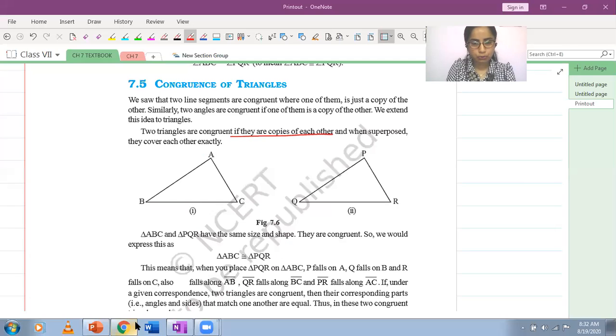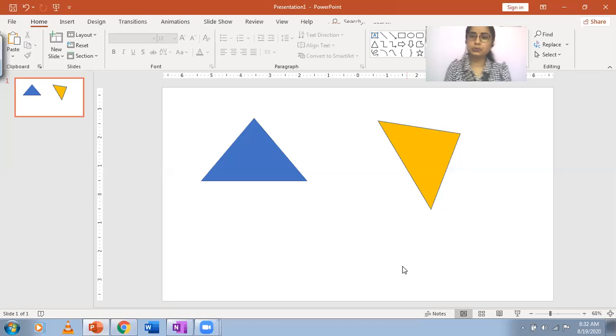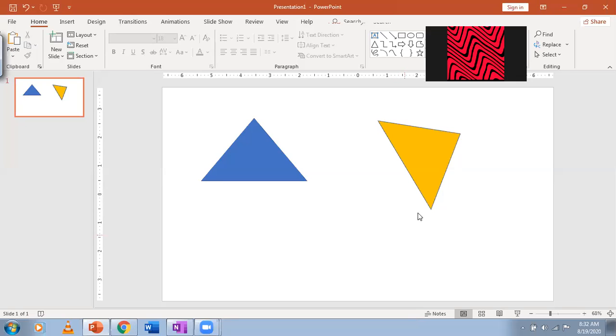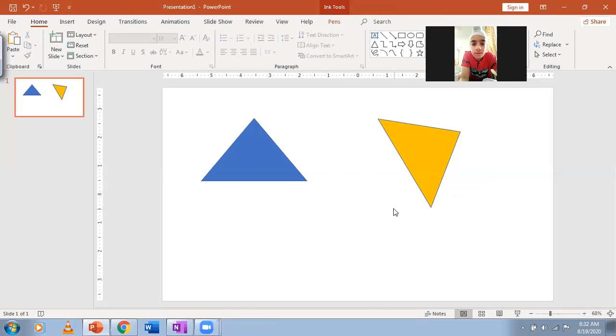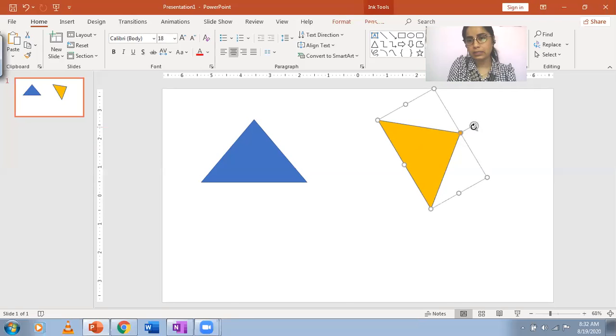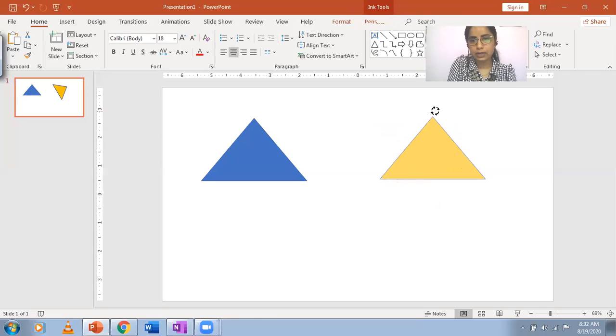Now I'm going to show you two triangles and you will tell me whether or not they are congruent. These two. Yes, ma'am. They are congruent. At first, they might look like they are different. So what we want to do is pick this up, turn it around, and then place it over the other one.